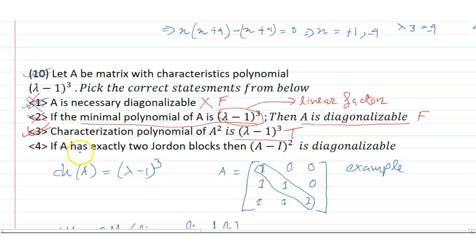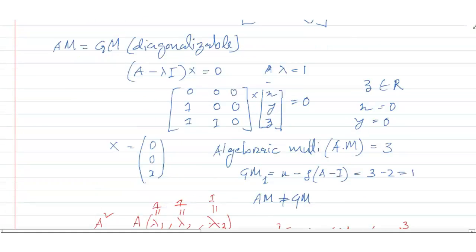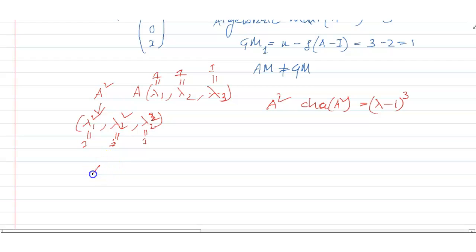Next, if A has exactly 2 Jordan blocks, okay, this you must remember, 2 Jordan blocks, then (A minus I) whole square is diagonalizable. Simple, friends. If A has 2 Jordan blocks, the possibility is the matrix with rows 1 0 0, 0 1 1, 0 0 1.